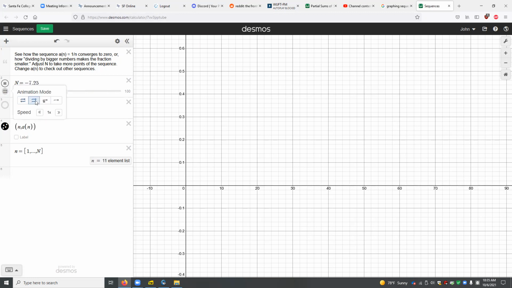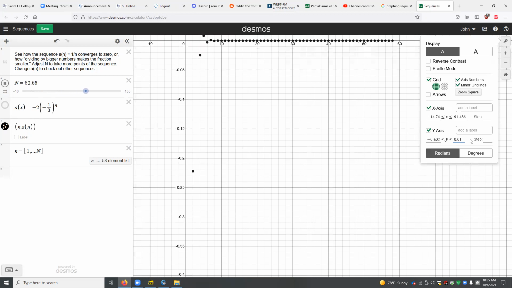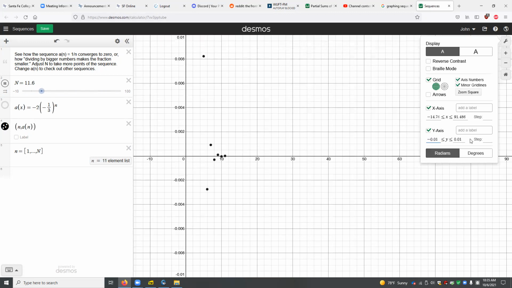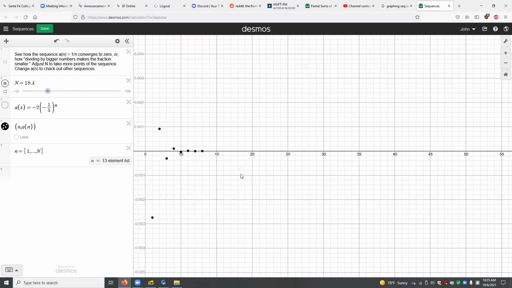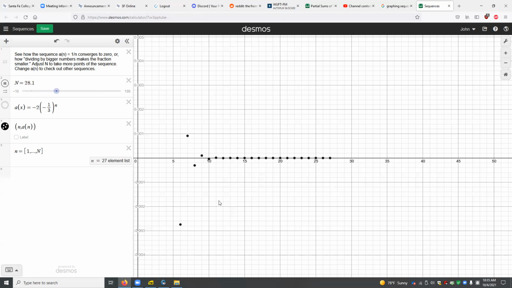Let's zoom way in. There you go. You see pretty much right away, the terms of this sequence get so close to 0, you can't even tell them apart from 0.